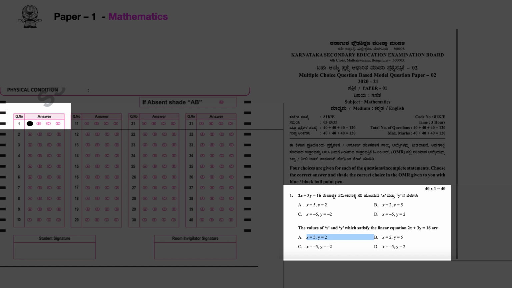Let me repeat it again. Whenever you are answering a question, note down the number next to it and make sure in the OMR sheet the number matches. So in this case we have 1 and we are answering 1 and the answer is A, so we are darkening it as A. Say for example you are going into the 25th question, you need to make sure that the question number, wherever you are reading the question from the question sheet, matches the one where you are marking the answer.